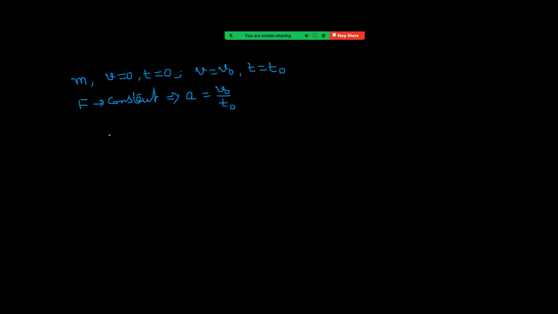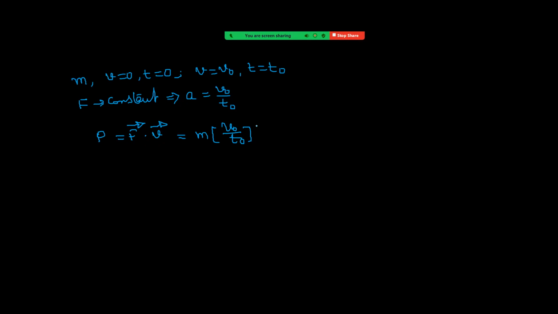Right. Now power delivered. Power equal to F bar dot V bar. Initially it was at rest, now it is moving. Therefore, between these two vectors, angle is 0. It is now by net force. Net force means mass into acceleration. So mass into acceleration is m into v naught by t naught.